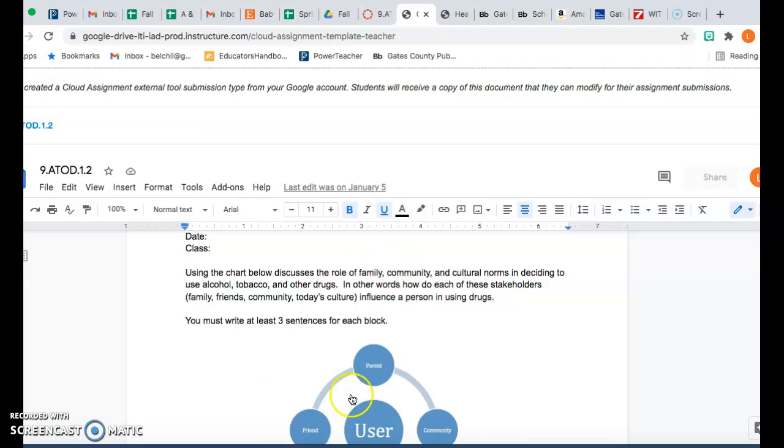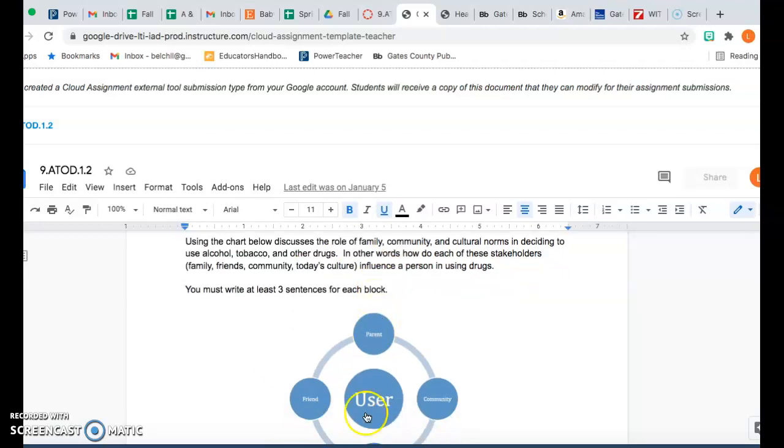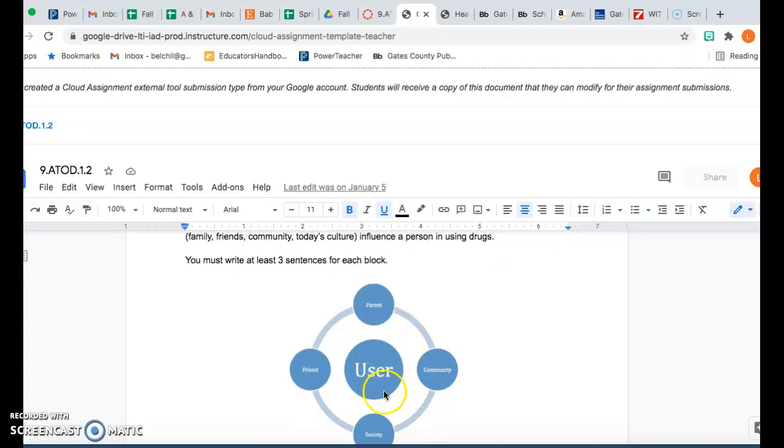So you could spin this like making the user, of course, influenced by people like their parents, their friends, their community, and their society. If you want to spin it as choosing not to do any of those forms of drugs, then a parent could be a positive influence to keep the person drug-free, alcohol-free, tobacco-free.